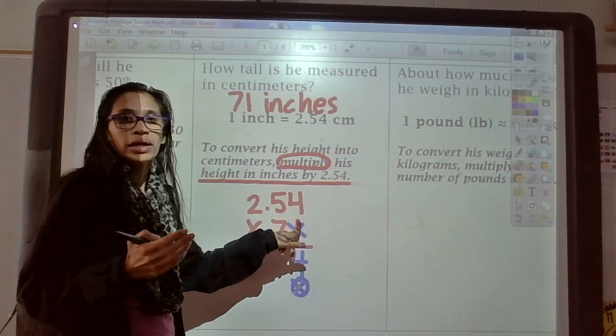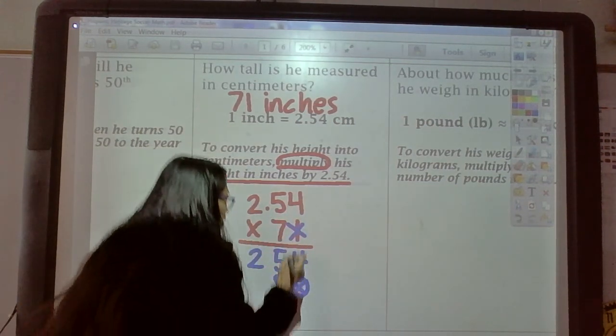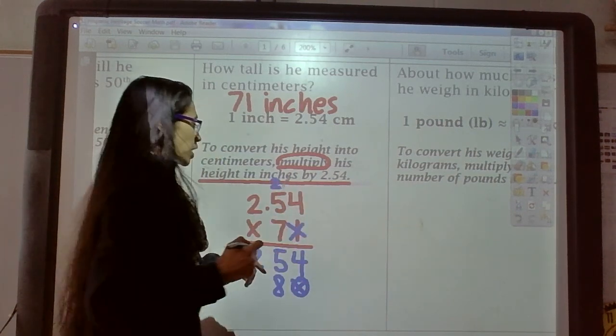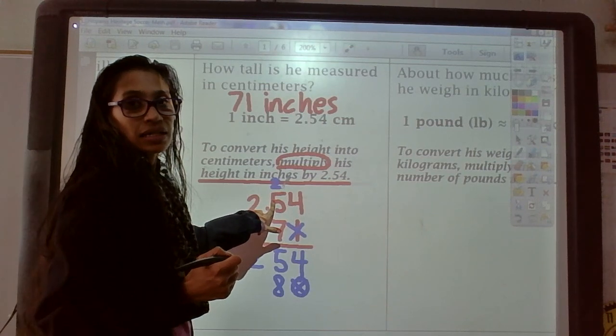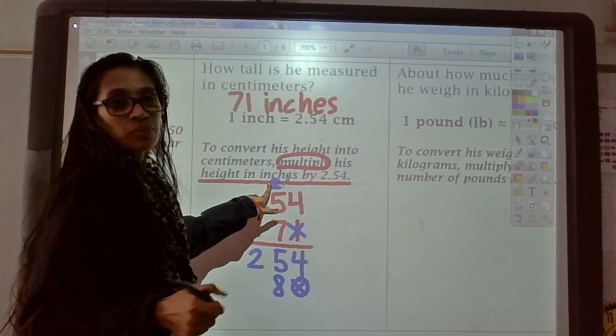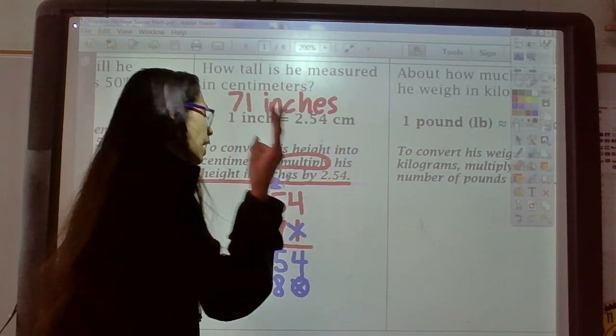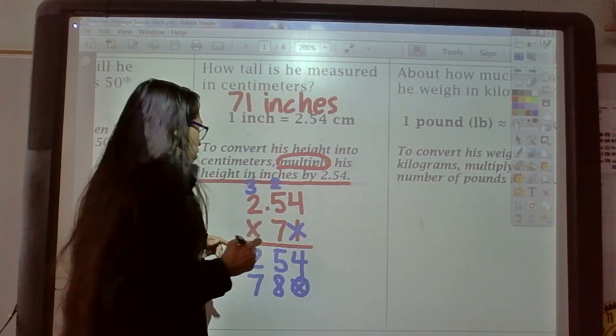7 times 4 is 28. So we write the 8, and I carry the 2 up there. Then I do 7 times 5 is, gotta be quick, 35. Plus 2 is 35, 36, 37. So I write the 7, and I carry the 3 right there.